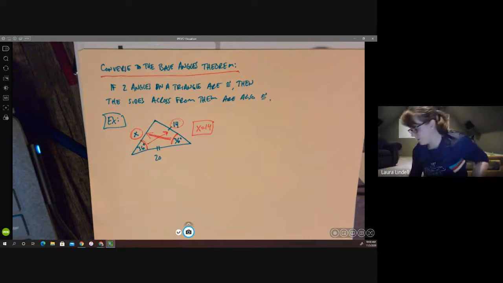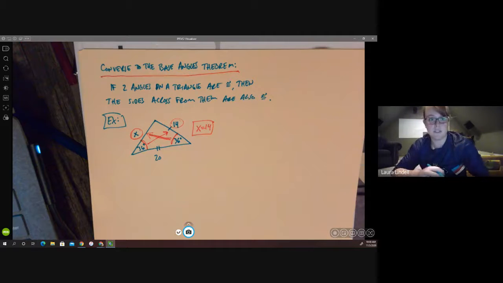The ones with the sides actually tend to be simpler because you're just directly saying that things are equal.